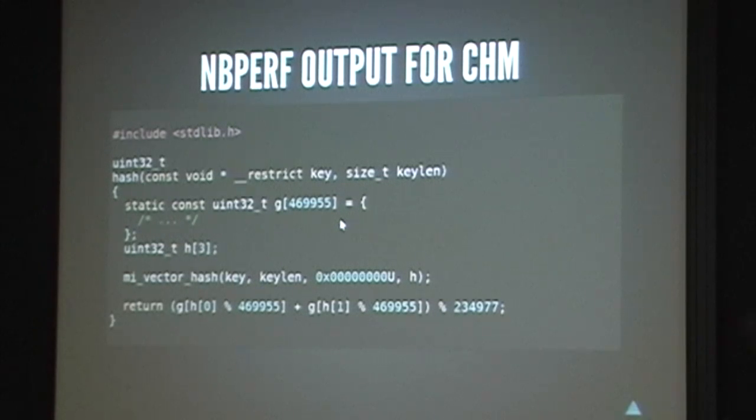So there's basically one function, the machine-independent vector hash, which provides a fast seeded hash resulting in 3 32-bit integers, and it gives the same result independent of the architecture.